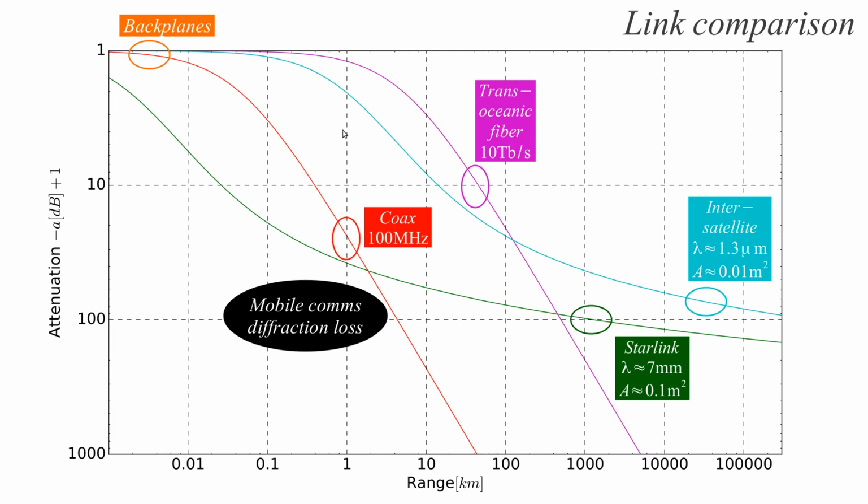On this graph, the red and purple lines are for wired, cable communication, and the green and cyan lines are for free space communications. We may have cable communications in the radio range, over coaxial cable, and in an optical fiber. We can also have free space communication in the radio range. We can have free space in the optical range.